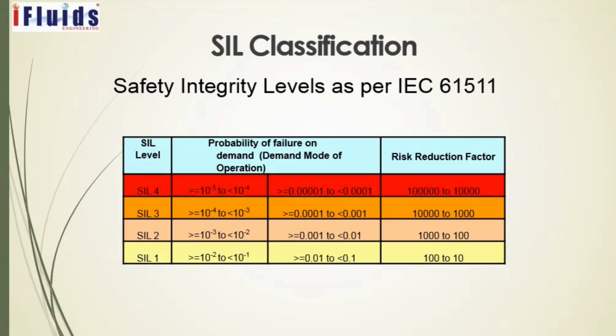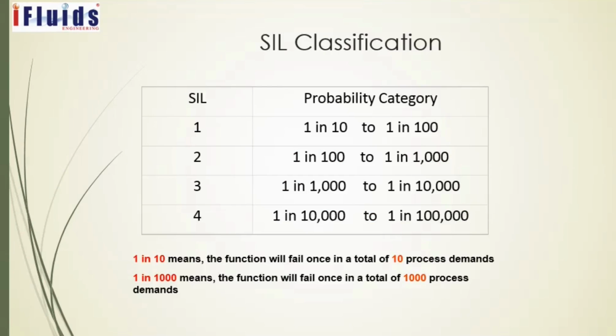As far as the instrument is concerned, SIL 4 is the most safe instrument because it is designed to handle the high risk level of SIL 4. So when it comes to SIL level, SIL 4 is more risky. When it comes to an instrument which is going to handle the risk reduction, SIL 4 is the safer instrument.